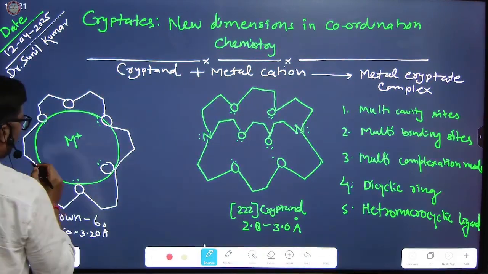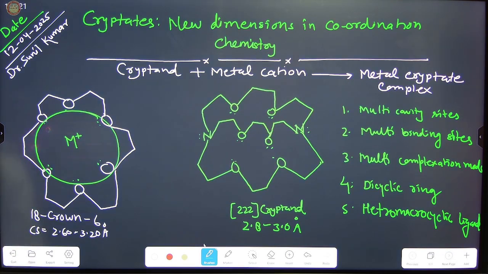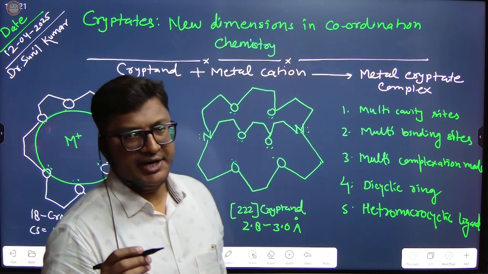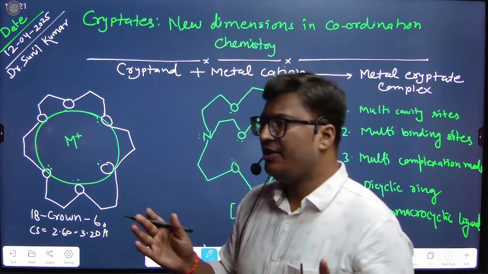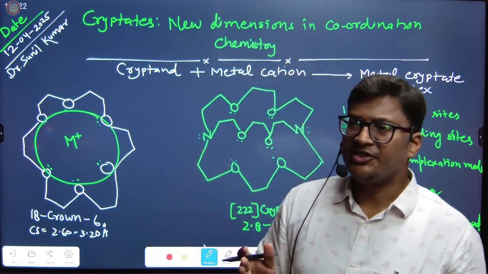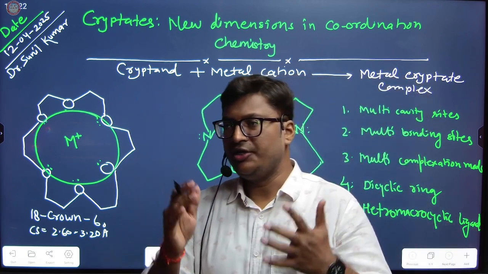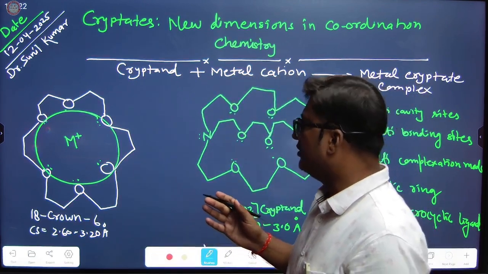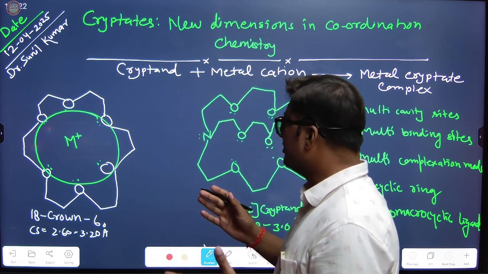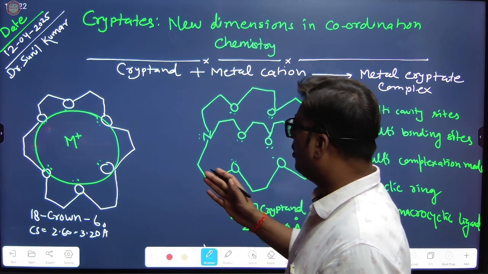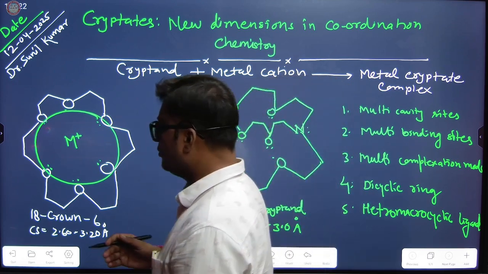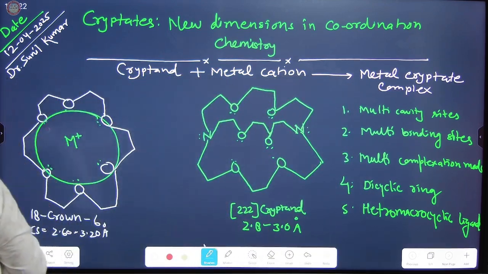And due to the positive charge on the metal, there is electron density on the ring, and there is electron deficiency or positive charge on the metal cation. So what do you expect here?